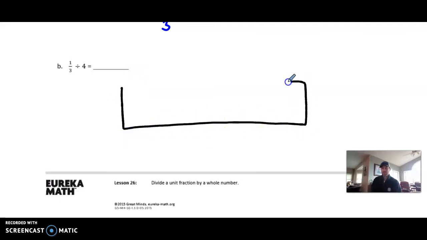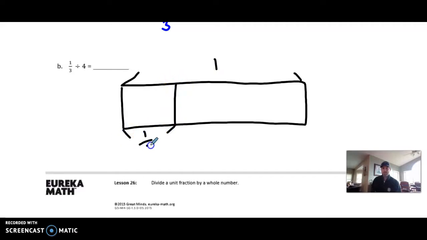Make a nice big, long, easy to see model. Here's the entire thing, the entire candy bar, entire thing of brownies. Right? But I only have a third of them with me. Whatever happened to the other two pieces, not quite sure. Maybe I dropped them coming out of the oven. Right? And in this, I have one third.